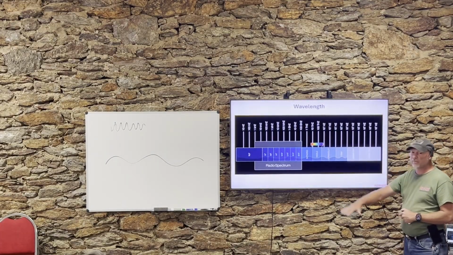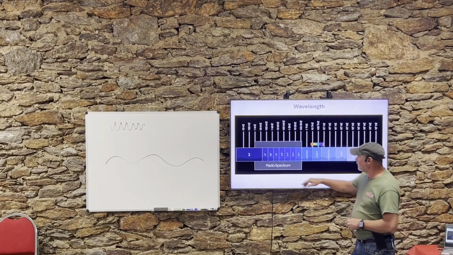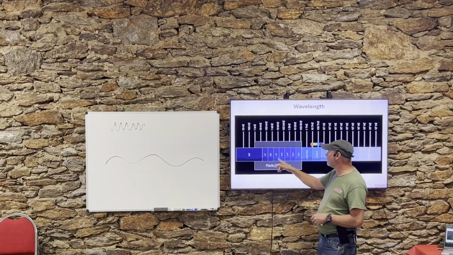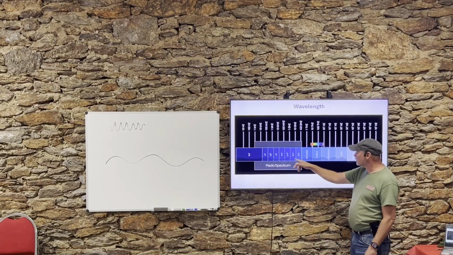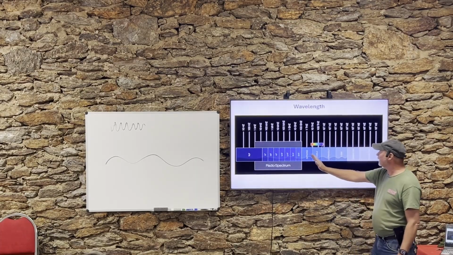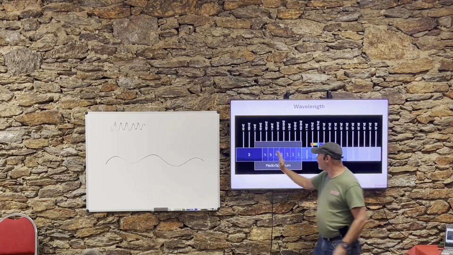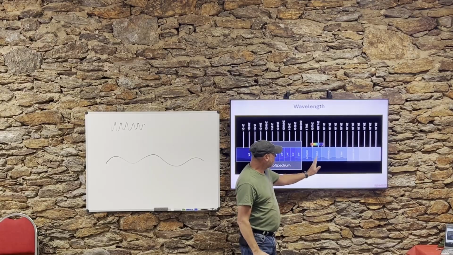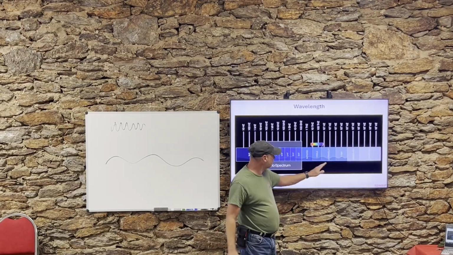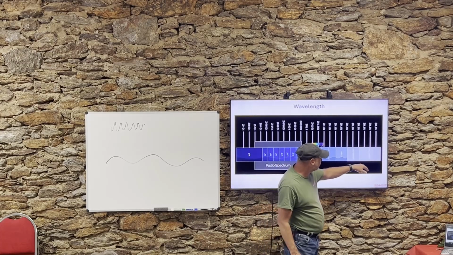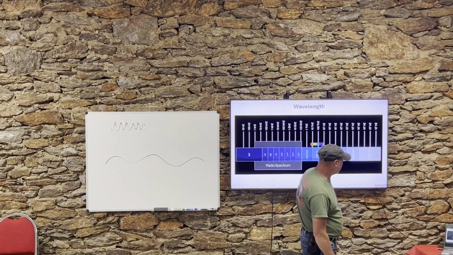So here's kind of a spectrum of the radio waves. You've got VLF, very low frequency, medium frequency, high frequency, very high, ultra high, super high, EHF, extremely high. Took me a second. And then this right here is your radio waves, and then we get into infrared, and then visible light, ultraviolet, X-ray, gamma ray, and cosmic ray.